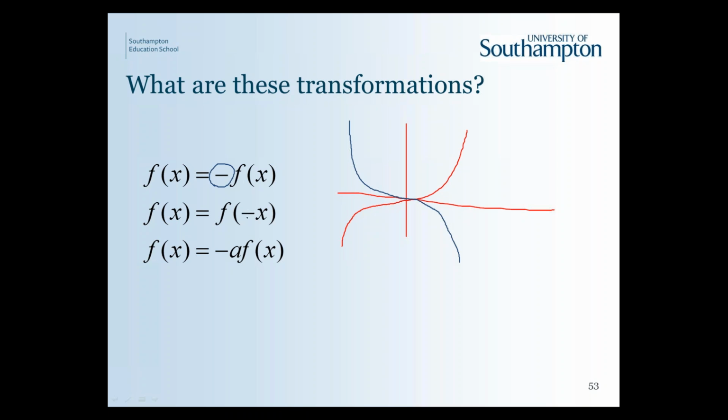Whereas this one, f of minus x, what's going to happen to that? It doesn't help on this graph, does it? Because it looks basically the same.